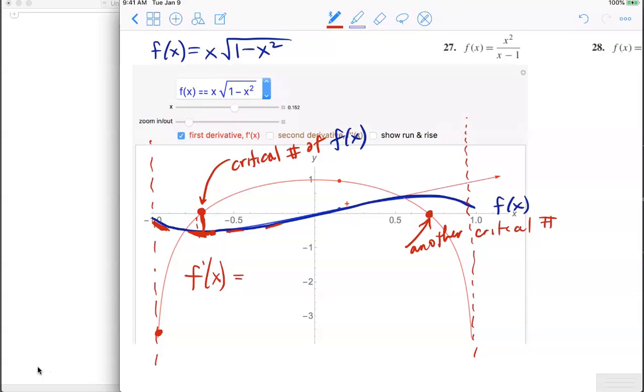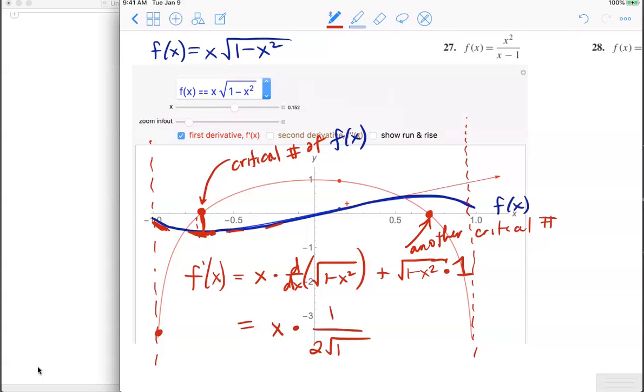The derivative is going to require the product rule, so the first multiplied by the derivative of the second plus the second times the derivative of the first. Okay. Now the derivative of the square root is going to require the chain rule, so it's going to be 1 over 2 square root of 1 minus x squared.